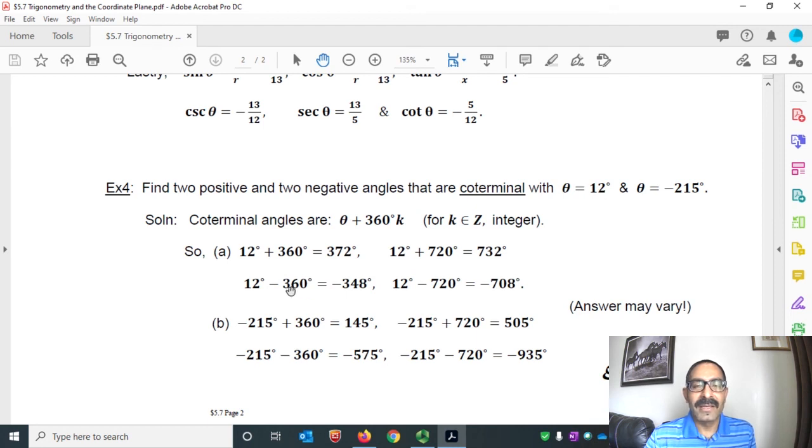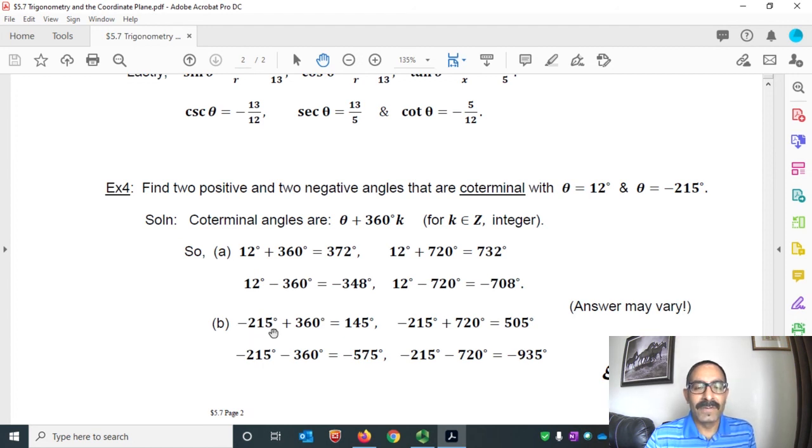Similarly, I can take k equals negative 1 and find the angle negative 348 degrees. Similarly, I can take k equals negative 2 and find the coterminal angle negative 708 degrees, and so on. If you pick different values of k, then you will get different angles, so the answer may vary. Similarly, part B, the coterminal angles for negative 215 degrees: again, let's put this formula here.